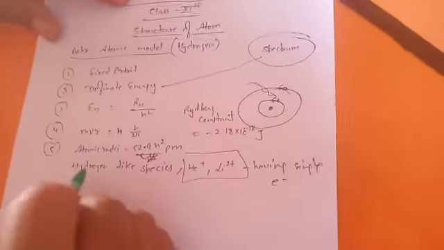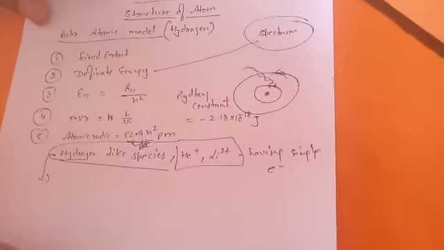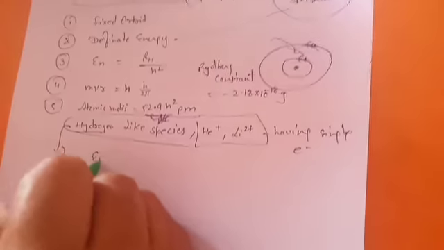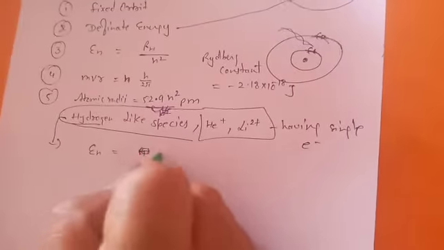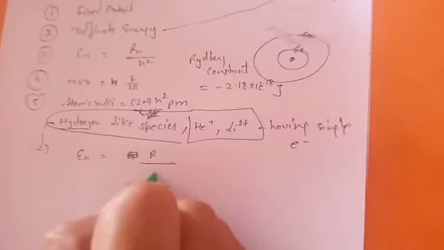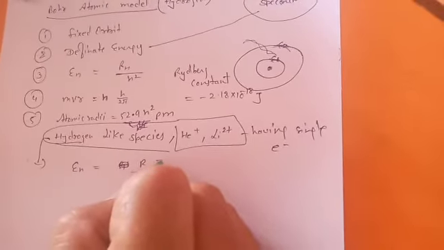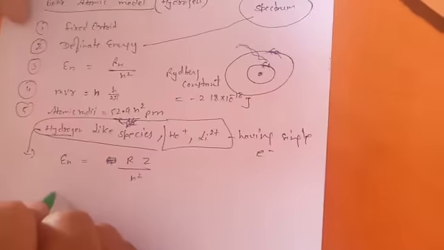For hydrogen-like species, this formula will get changed a little bit. The energy of any shell will be the Rydberg constant divided by n square, multiplied by Z square, and the radius as well.